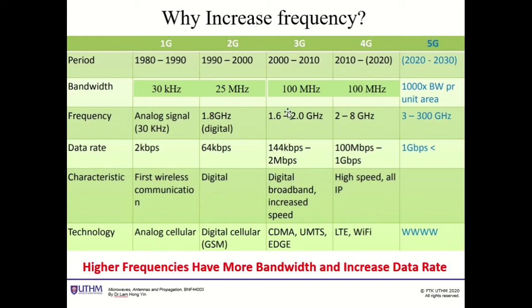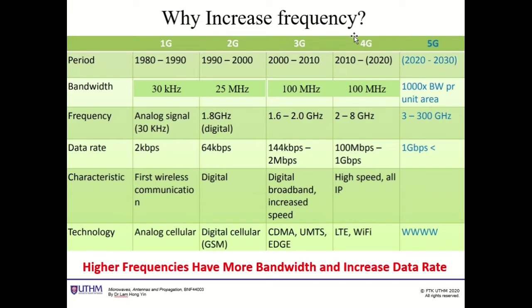We can access the internet through the phone, where it utilizes CDMA technology. At this time the speed of the internet is quite high. You can access Facebook and other apps in the 3G evolution.